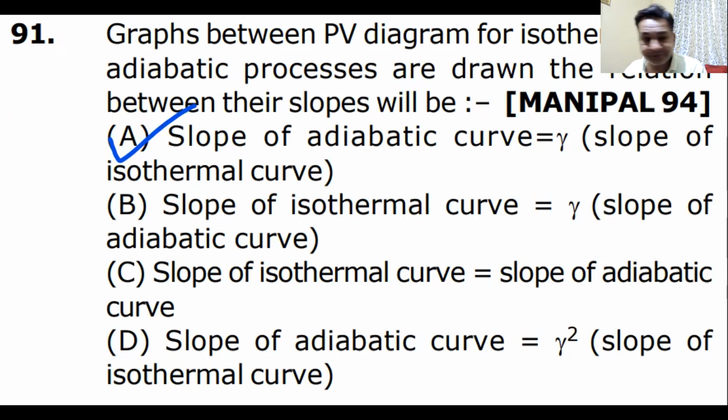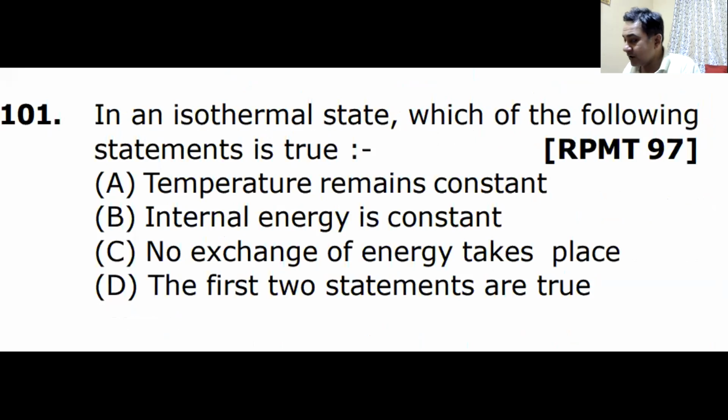Next one is this one. It's quick. In an isothermal process, which of the following statements is true? Congratulations, you have scored -5, because the first is correct, the second is also correct.